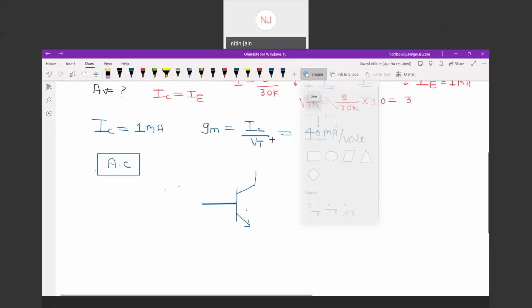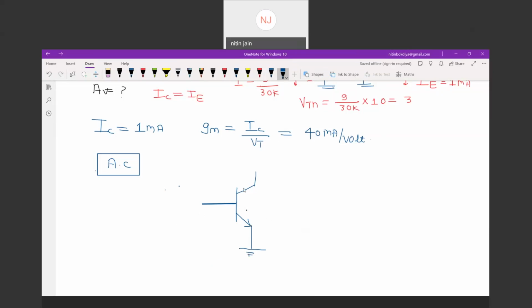So I can say this capacitor will behave as a short circuit.